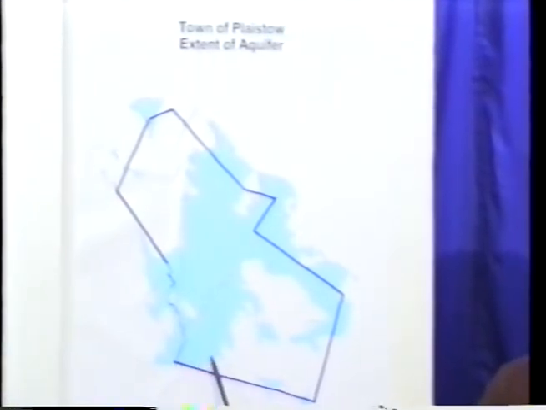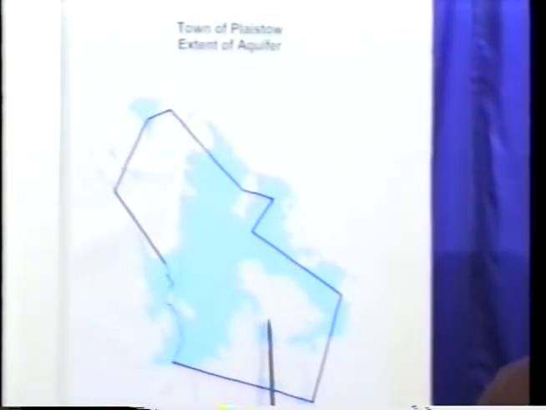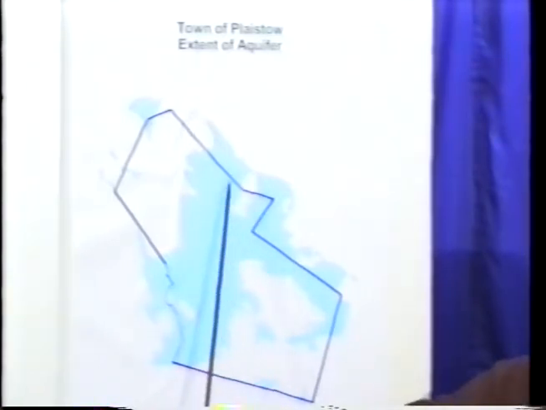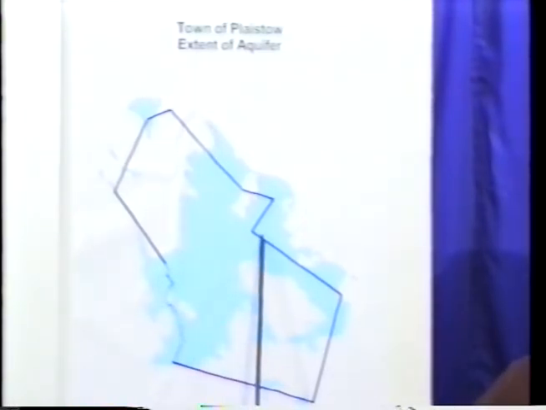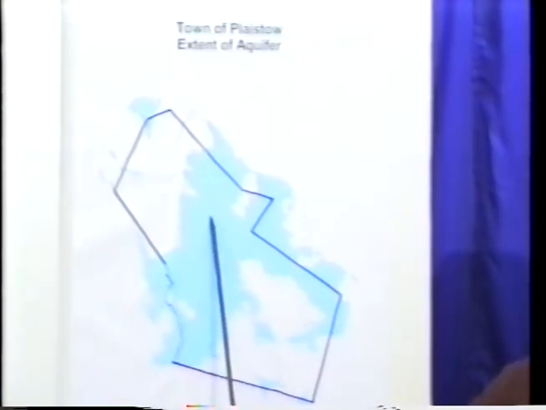These are the areas that have potential to provide us with the most water. So this light blue area that overlays the boundaries is the aquifer in Plaistow. The red line that you may see going through the map is the railroad line. So 125 would come up approximately like this. And of course Main Street comes out and runs up in this area.